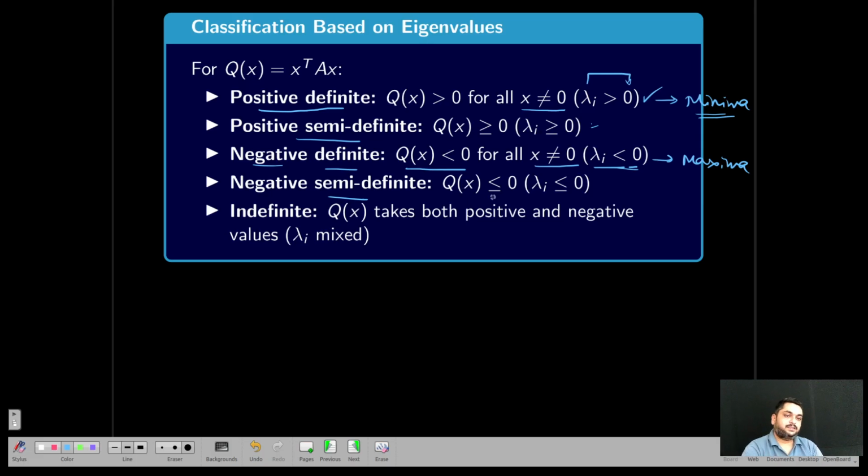The function value is always negative, but it can also contain 0, and the eigenvalues will be less than or equal to 0. Indefinite means q of x takes both positive and negative values. So its eigenvalues are either negative or positive. In calculus, this is called a saddle point.